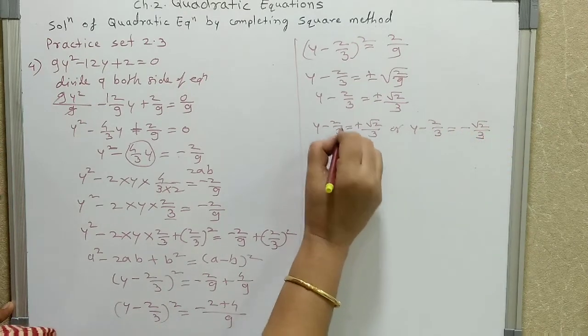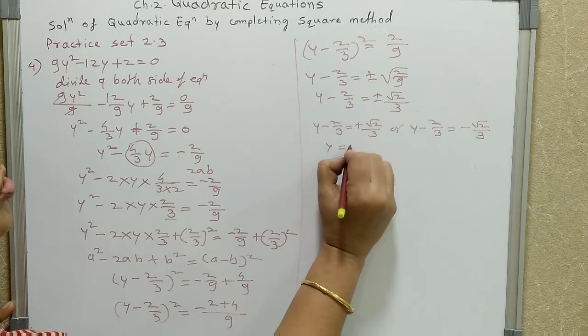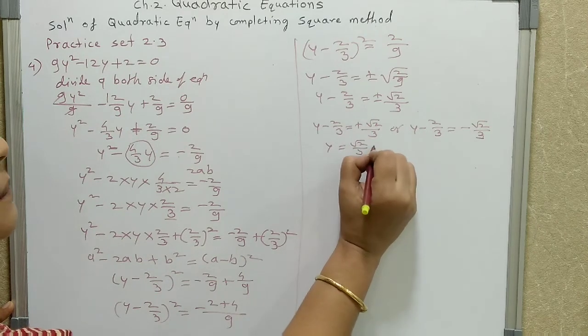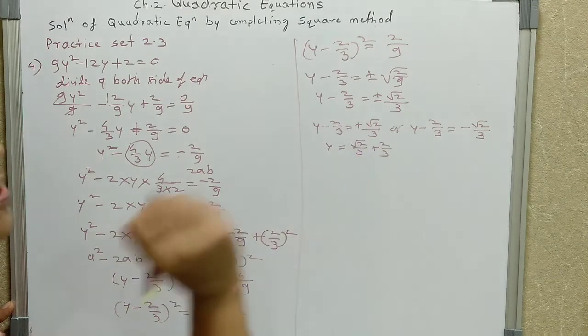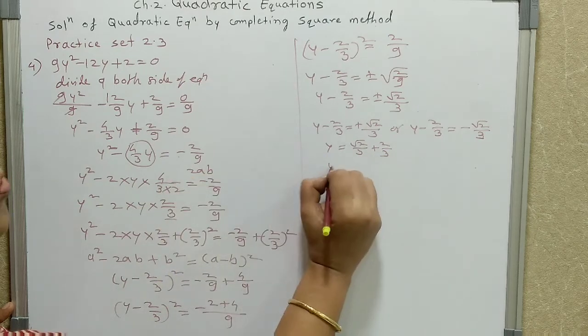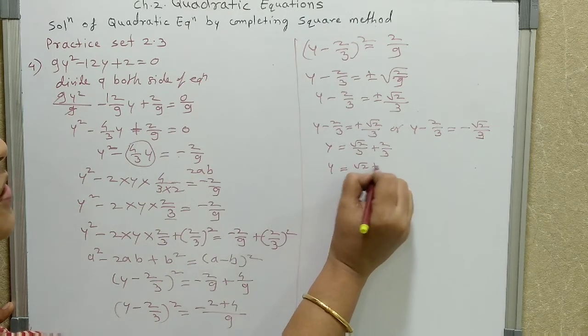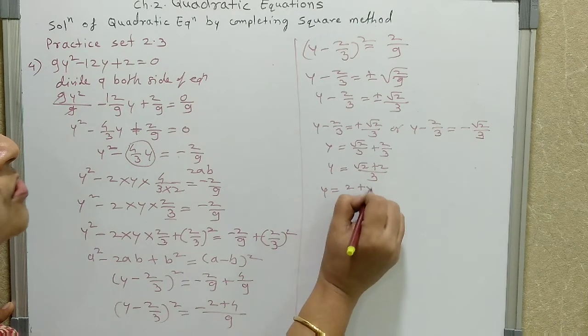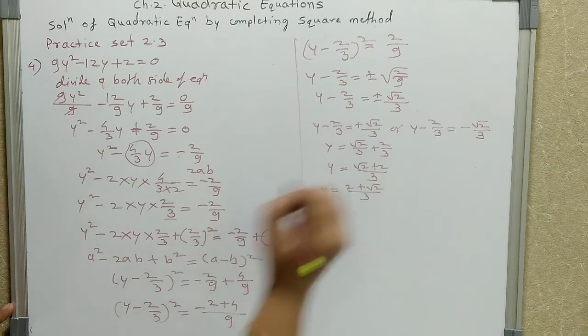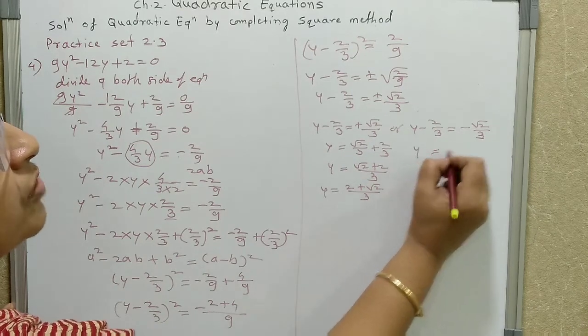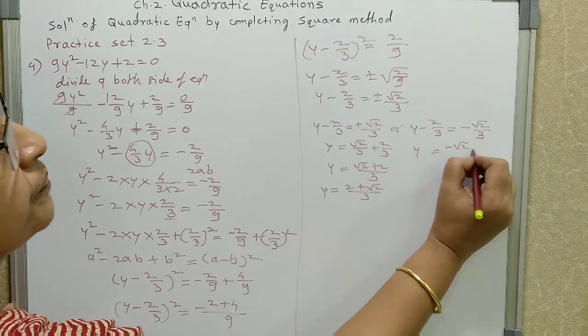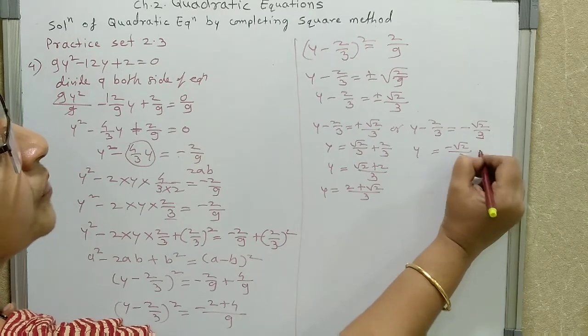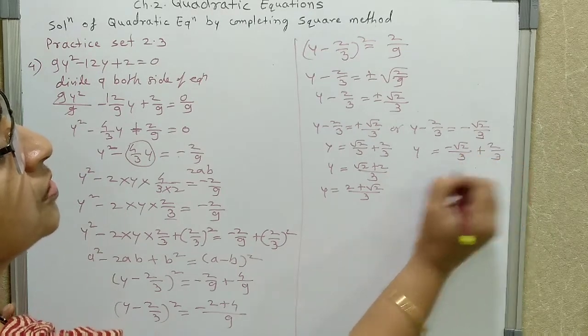So we shift minus 2 upon 3 to that side. So root 2 upon 3 plus 2 upon 3. So y is equal to root 2 plus 2 upon 3. We write this as 2 plus root 2 upon 3. Now here y is equal to minus root 2 upon 3 plus 2 upon 3.